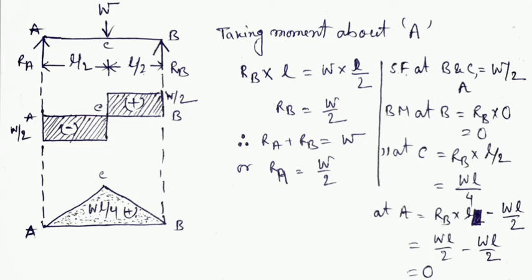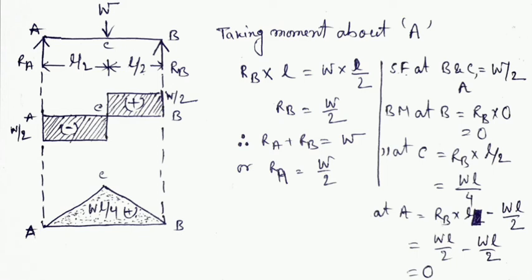So bending moment at C is the reaction force RB into the perpendicular distance L by 2 up to C, RB into L by 2, that is W by 2 into L by 2, and W into 0, that is also 0. So the value of bending moment at C equals WL by 4.